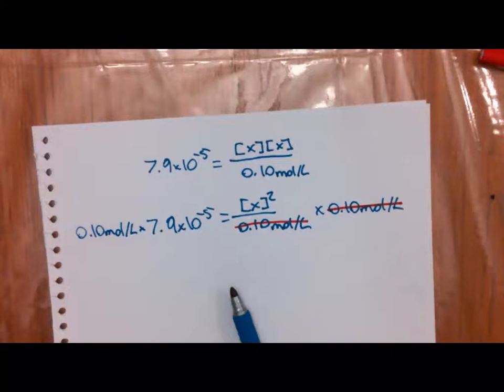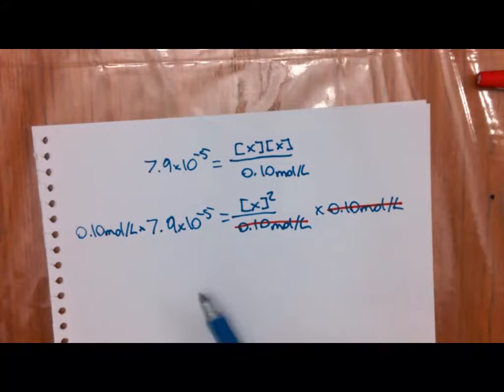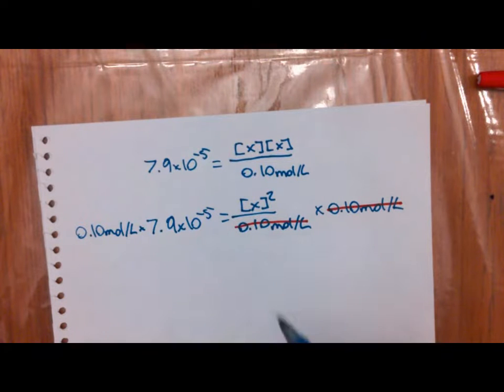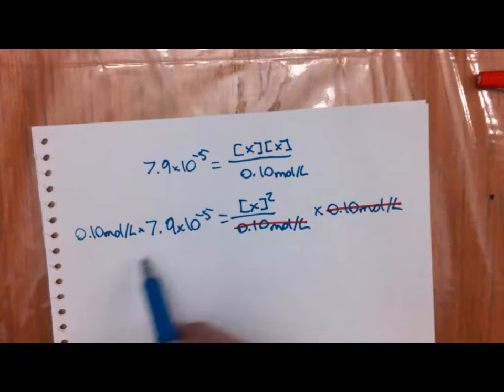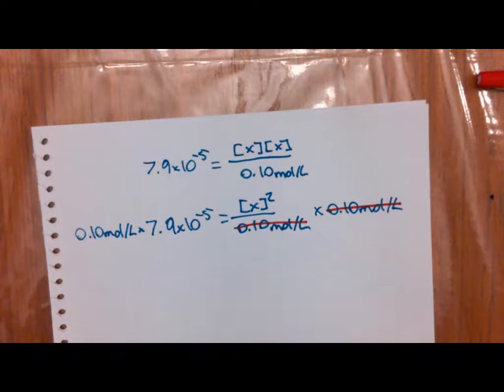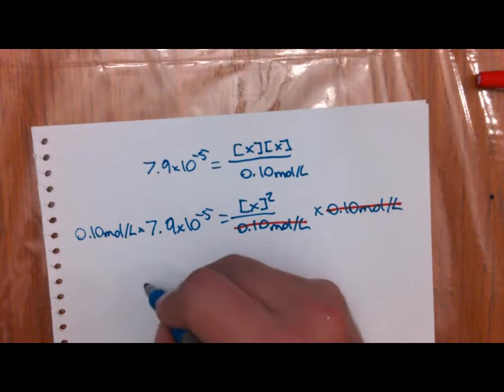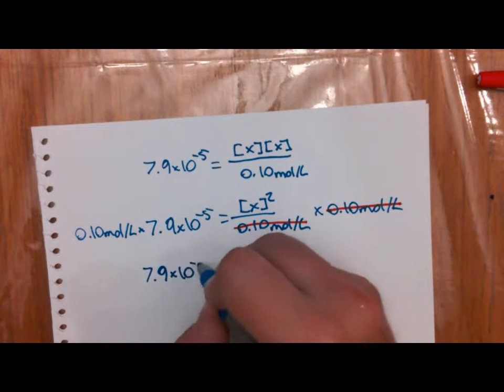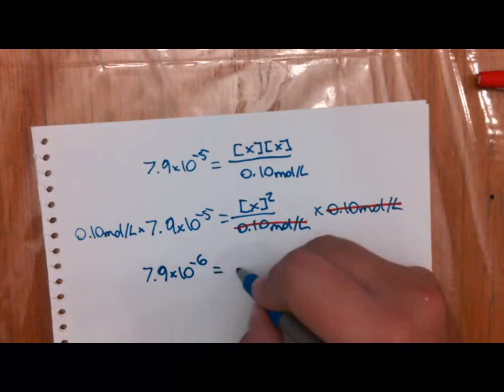And I'm just going to be left with 0.10 moles per liter times 7.9 times 10 to the negative 5 is going to be equal to x squared. So when I multiply this by 0.1, all it's going to do is add another negative exponent there. So that will just end up being 7.9 times 10 to the negative 6 equals concentration of x squared.